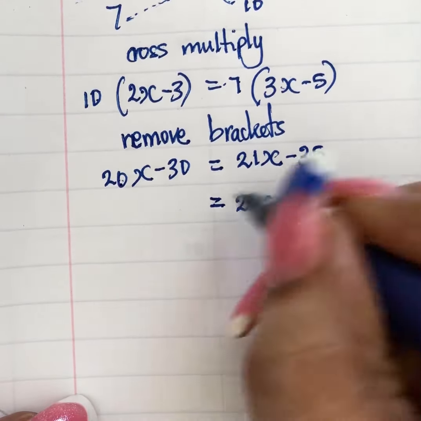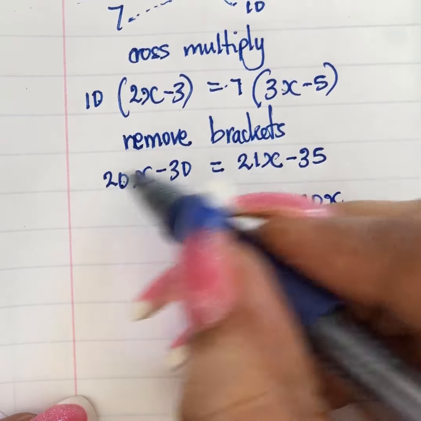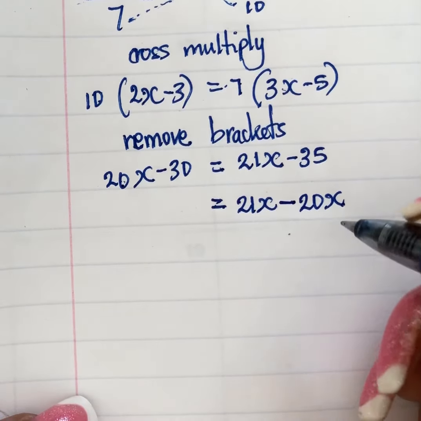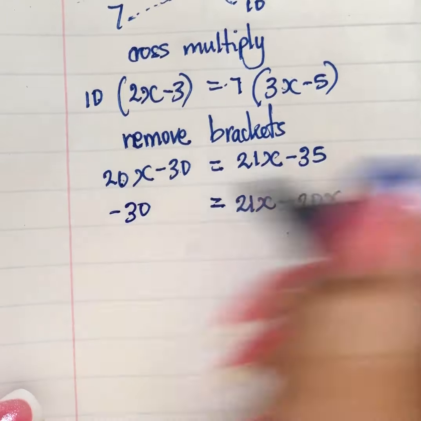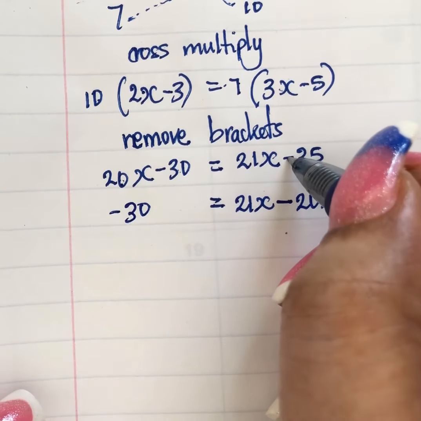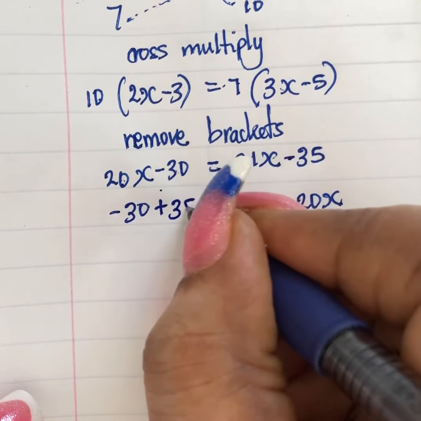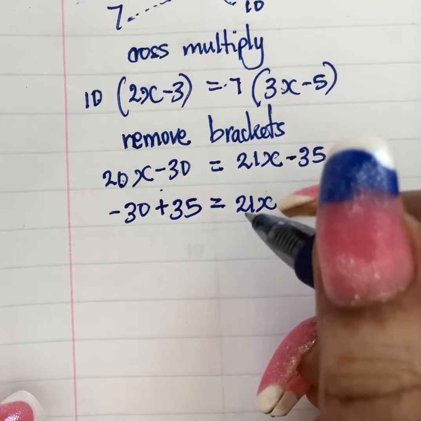So I'm going to keep this and I'm going to bring 20x. It was a positive. When it goes over the equal sign, it becomes a negative. My negative 30 has not been moved. And I'm going to take this negative 35 across the equal sign, which becomes a positive 35.